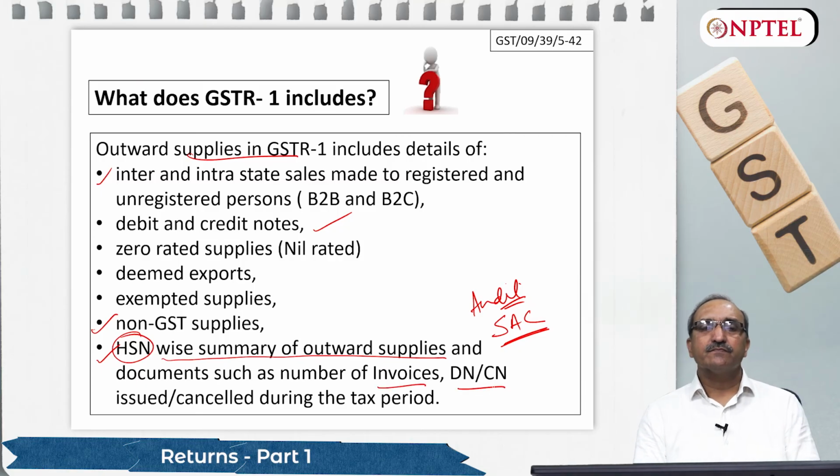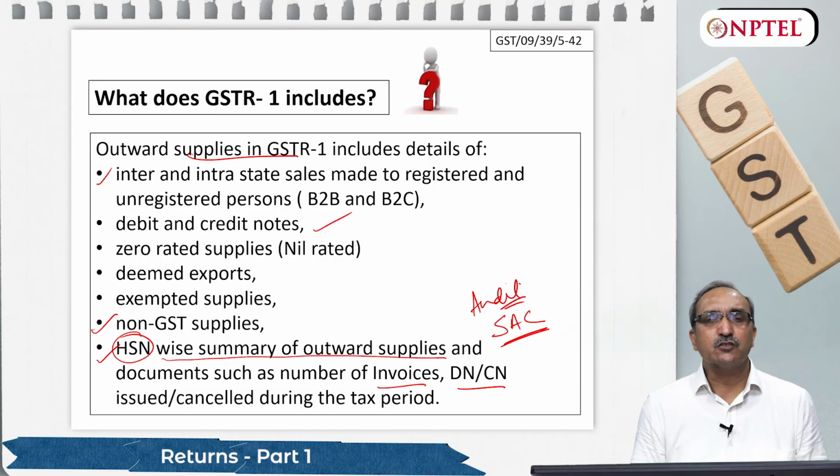Similarly, friends, in GSTR 1 there is one column asking for invoice numbers, meaning from this number to this number we have raised invoices during July. So if on 1st July your first invoice was 05 and on 31st July your invoice number was 95, you have to mention that invoices from 05 to 95 have been raised during July.